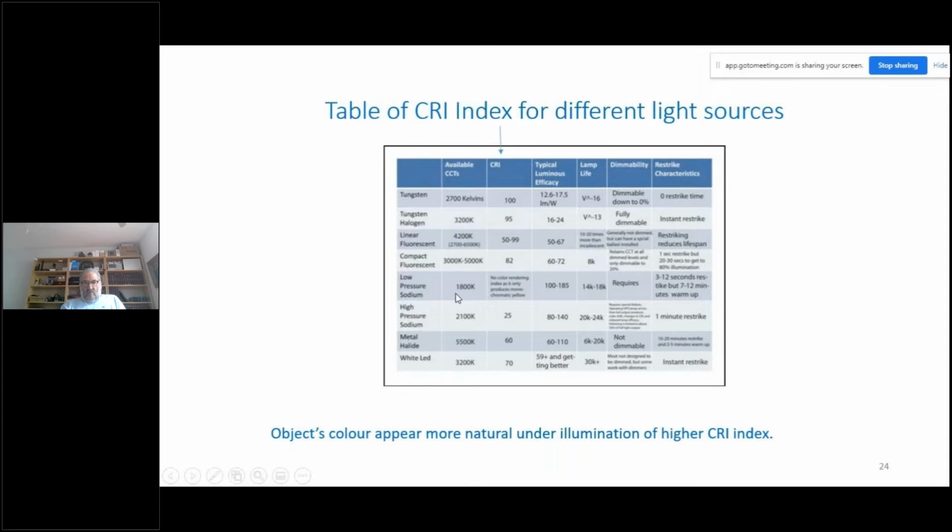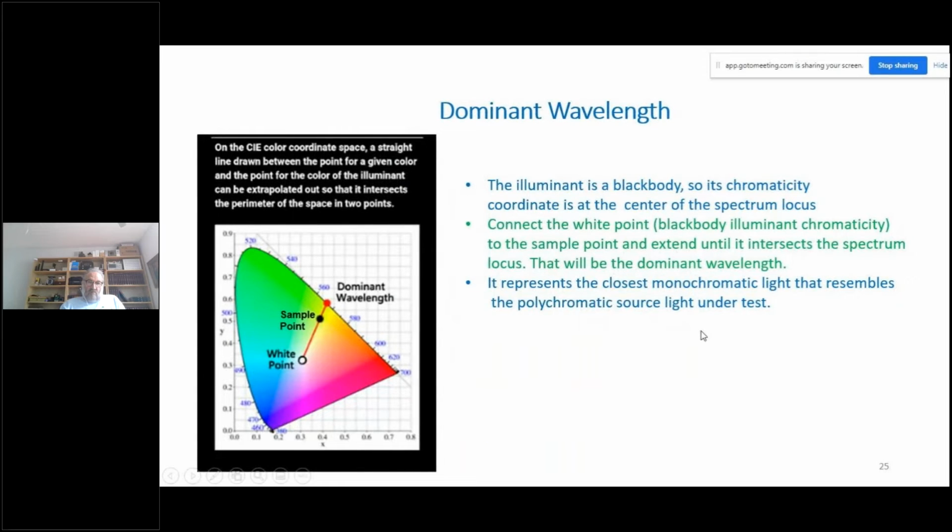And this only makes sense for polychromatic light; for low pressure sodium it doesn't, because it's monochromatic. It has only two lines. But high pressure sodium 25 and white LED 70. So this represents how original the color of an object would be under these light sources.